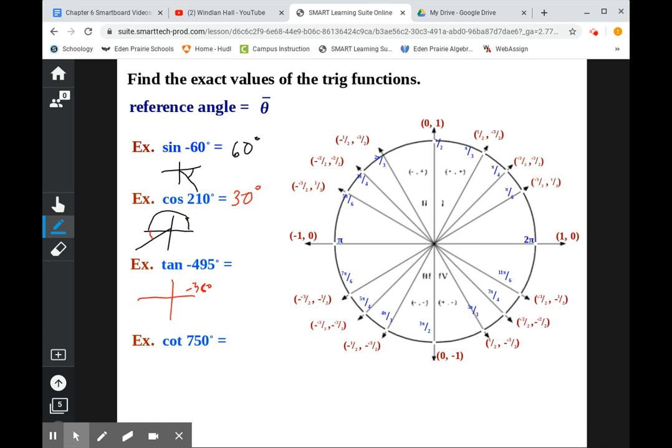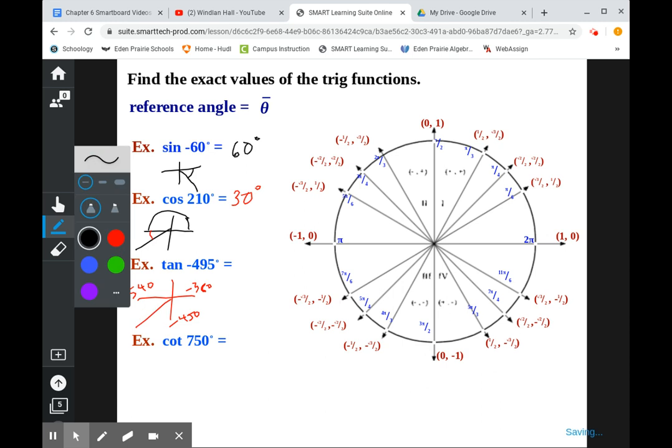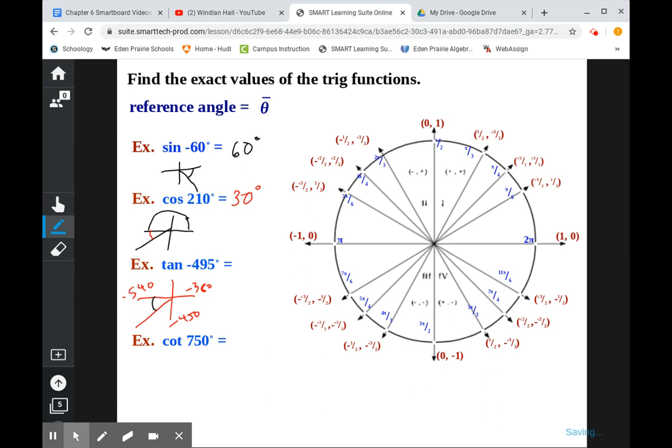So 90 more would be negative 450 right there. And 90 more would put me here at negative 540. And so where's 495? It's somewhere in between, right there. And that reference angle is this angle drawn right there. Well, from 495 to 540, you can see that will be 45 degrees. The reference angle is 45 degrees.